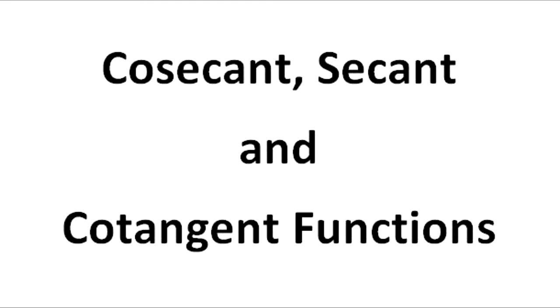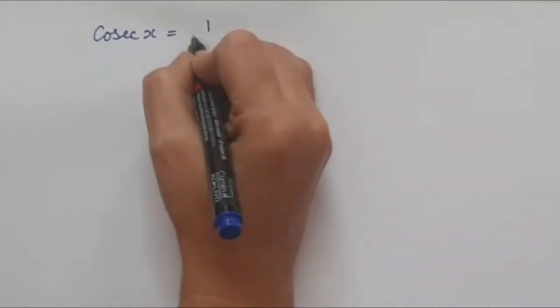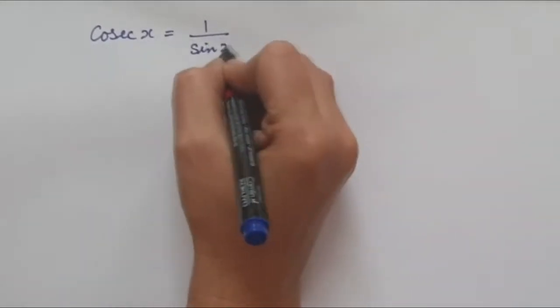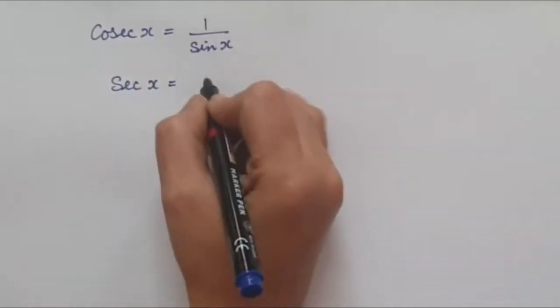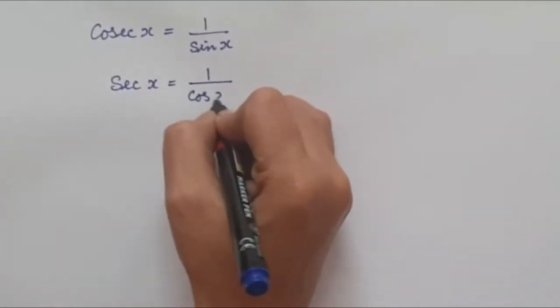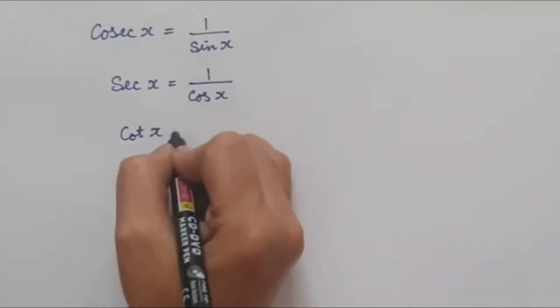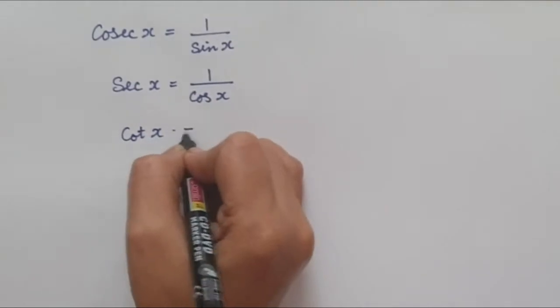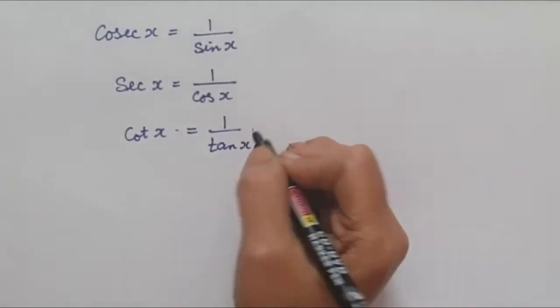Cosecant, secant and cotangent functions. Cosecant x will be equal to 1 over sin x. Secant x equal to 1 over cos x. Cot x will be equal to 1 over tan x.